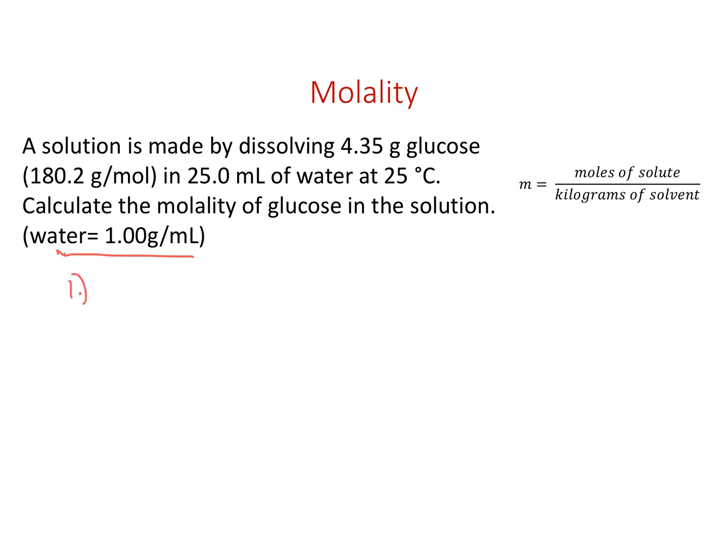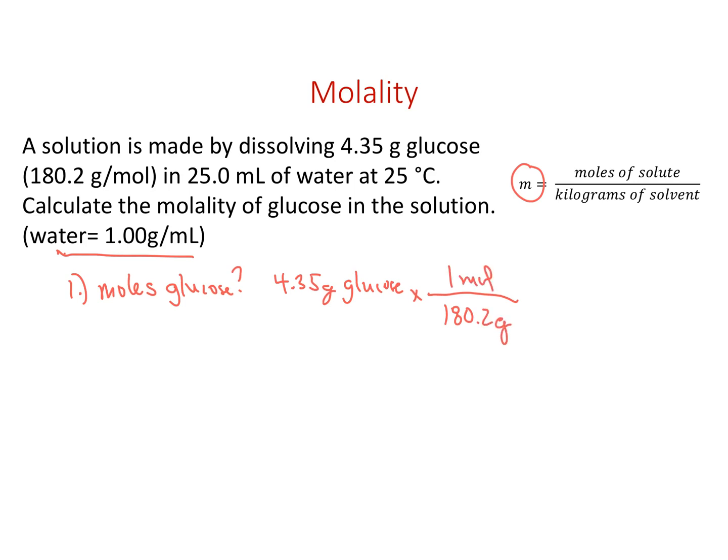The first step, ultimately I need to find molality, which is moles of solute per kilogram of solvent. So a few things I have to do. First, I have to find moles of glucose. Well, I've got 4.35 grams of glucose, and I know from the molecular weight that if I have 180.2 grams, that would be 1 mole of glucose.